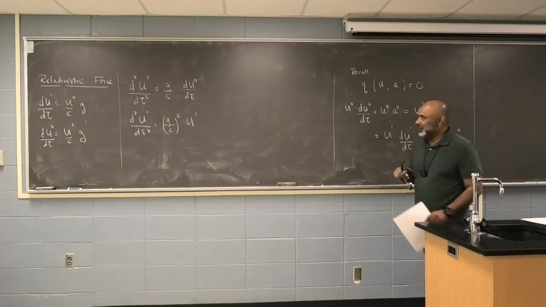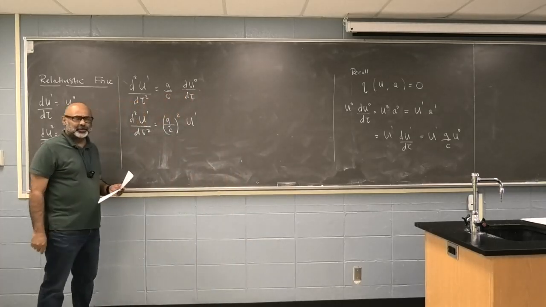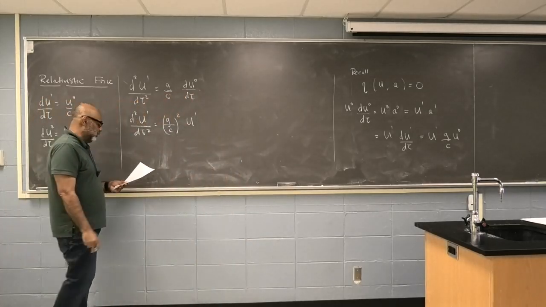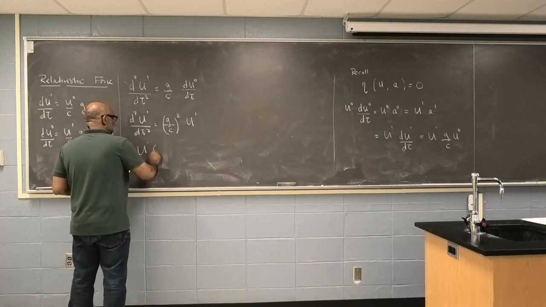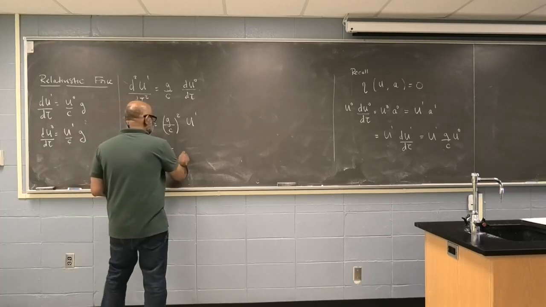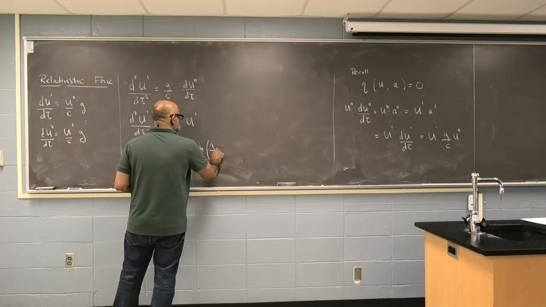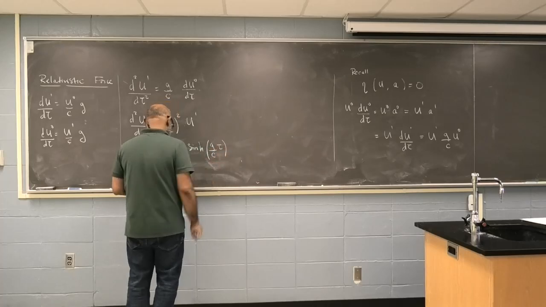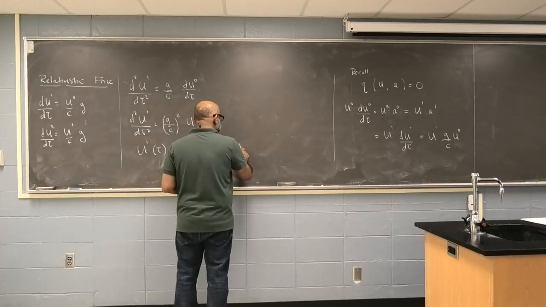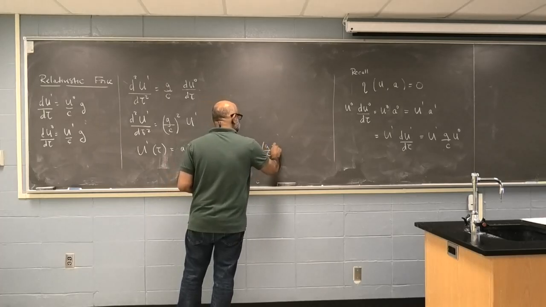So you can easily check your handbook of special functions and find that this is true by calling this some A sinh(g over c tau) plus B cosh(g over c tau).